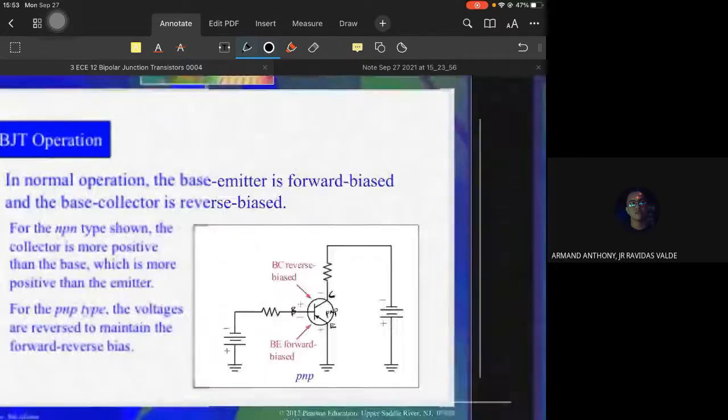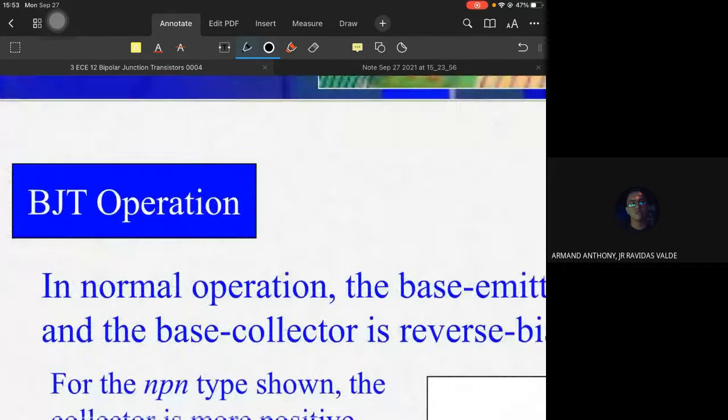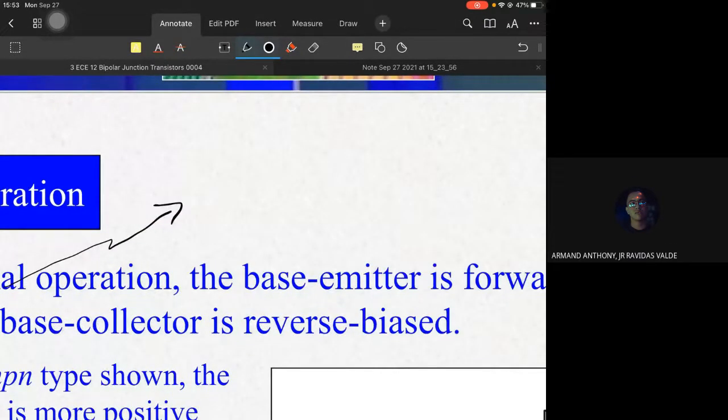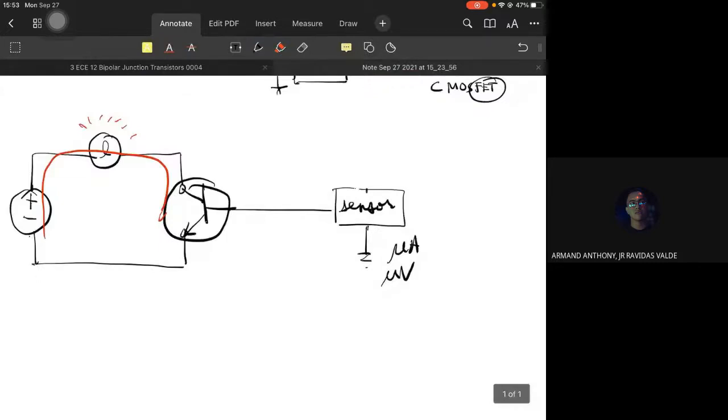So sa tong rule, in the normal operation, dapat ma-qualify nato ning term nga normal, no? Si normal is not really that normal actually. Si normal here refers to the amplification function ni transistor. So this one is not normal, because the transistor here, the BJT, is used as switch.